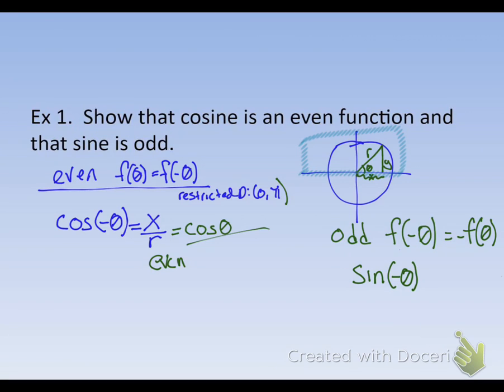The formula for this, since it's sine, is going to be opposite y over hypotenuse r. And you see it there, and our restricted domain is from negative pi over 2 to pi over 2. So we would see here that that would make a negative y over r.